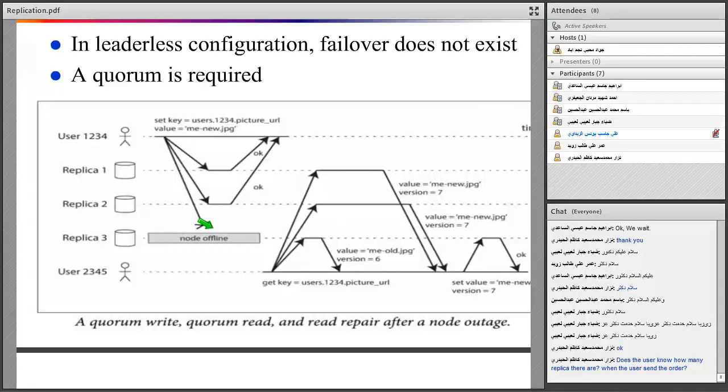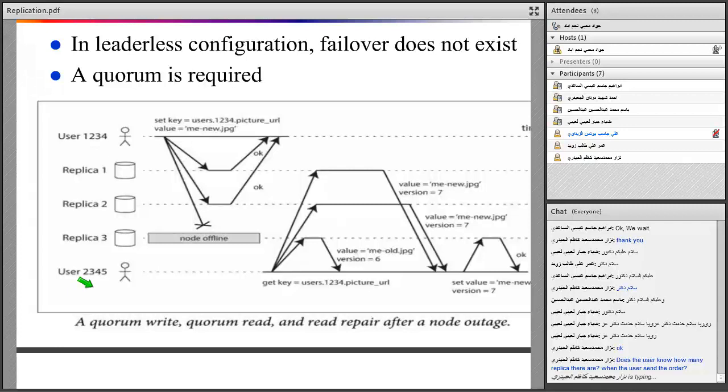What happens for replica 3? After some time, user 2345... Does the user know how many replicas there are? Yes, Nazar, yes. It's necessary in this technique that the user's machine needs to know the number of replicas.